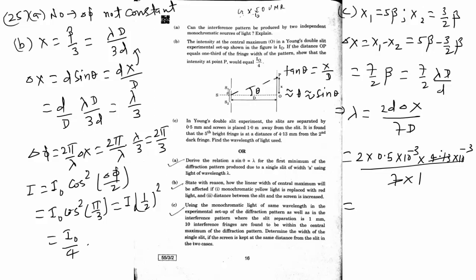We can write it as 0.59 after dividing by 7, so it becomes 0.59 into 10 to the power minus 6 meter, that is equal to 590 into 10 to the power minus 9 meter, that is equal to 590 nanometer.